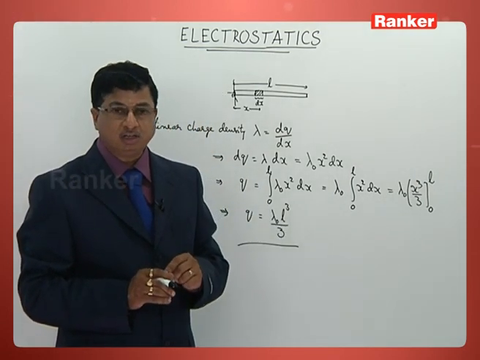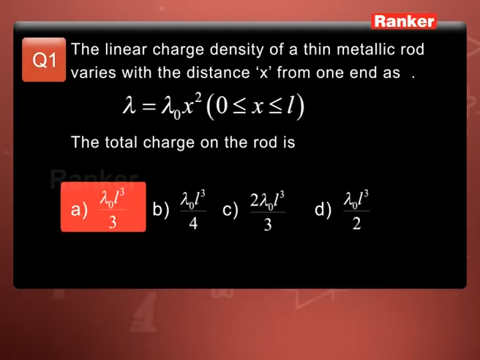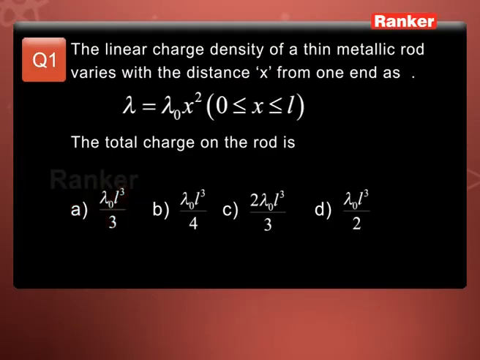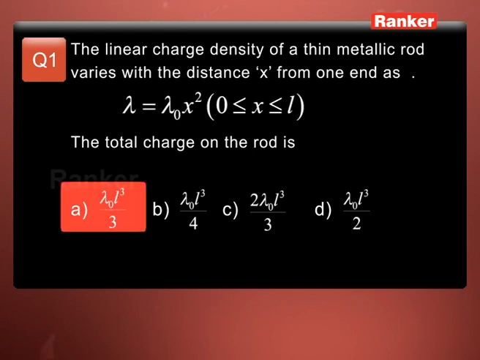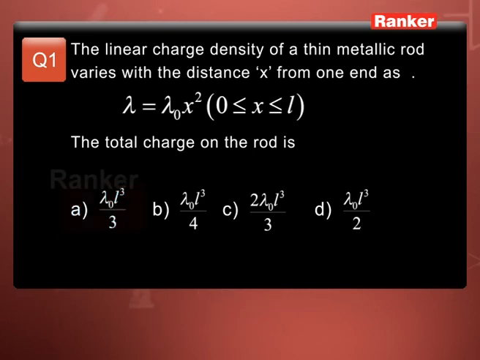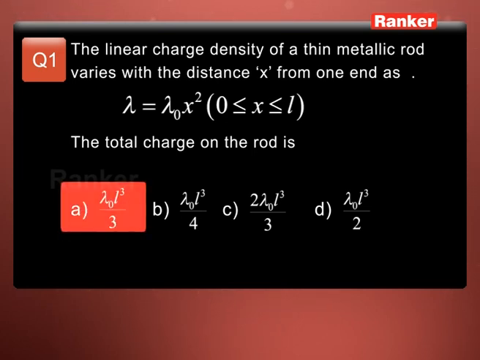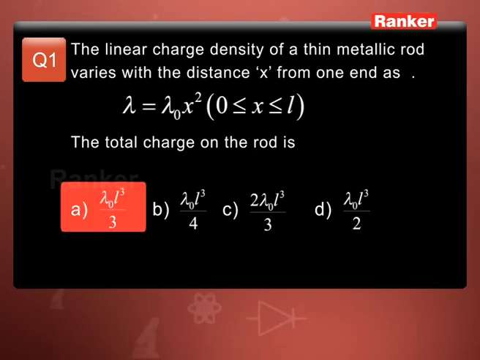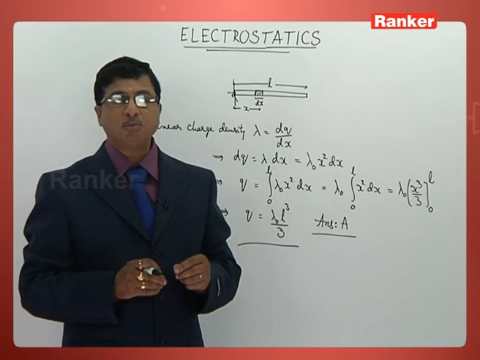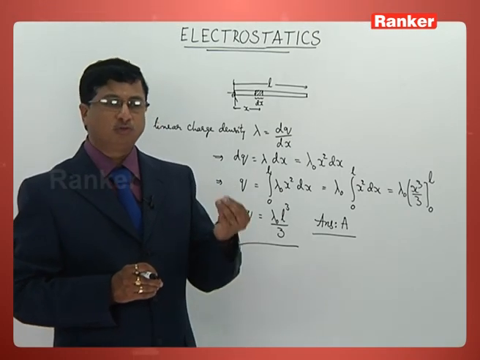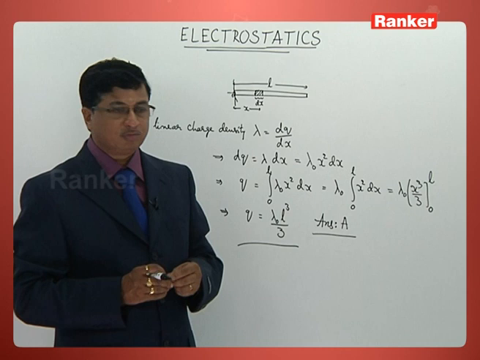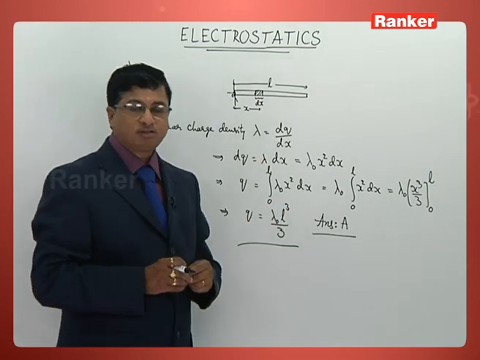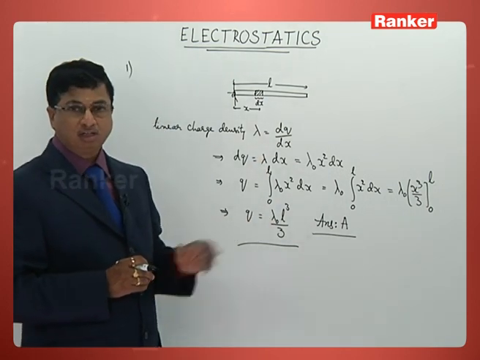So the answer for this question is A, lambda naught L cube by 3. That is the correct answer for the charge on the entire length of this uniform rod, of course of uniform cross sectional area. This is the very first problem in this order.